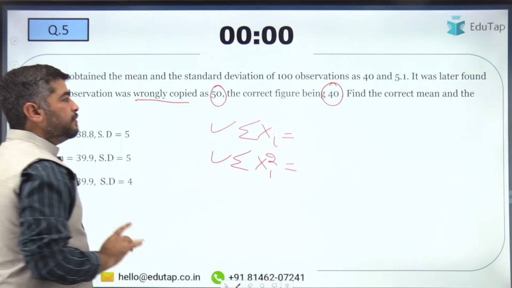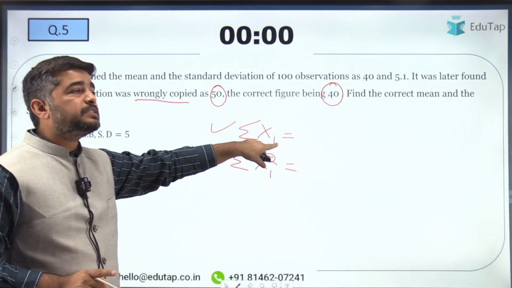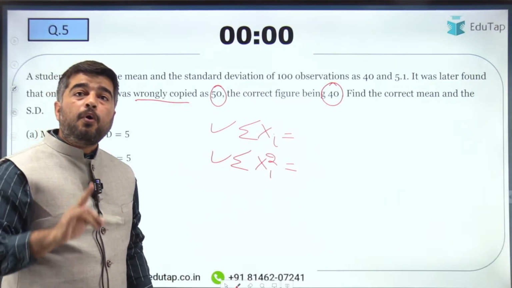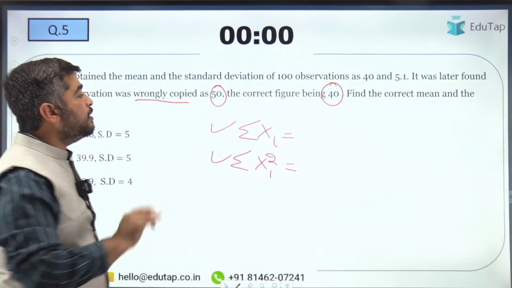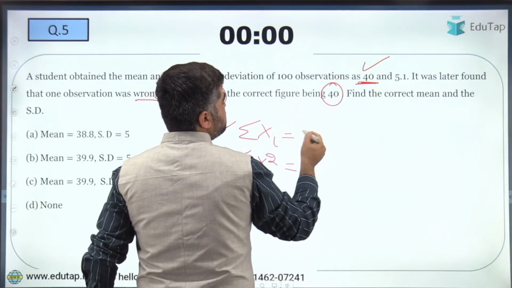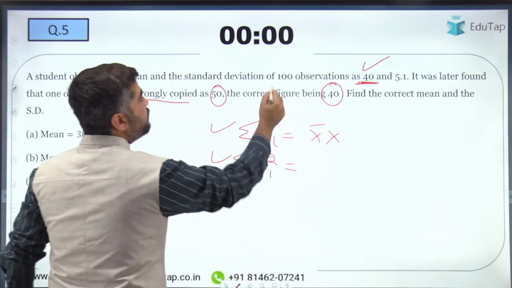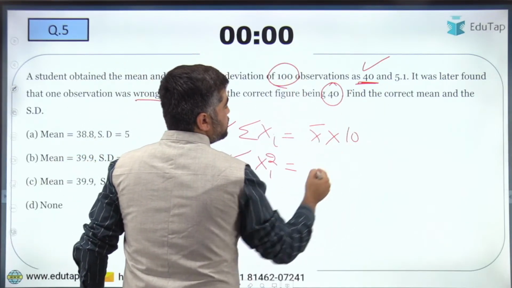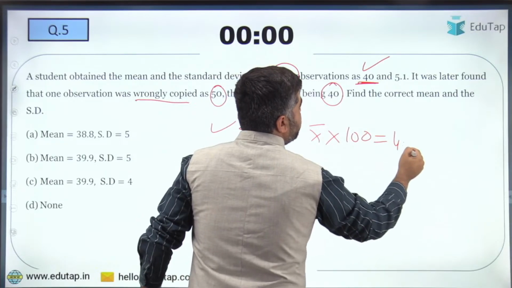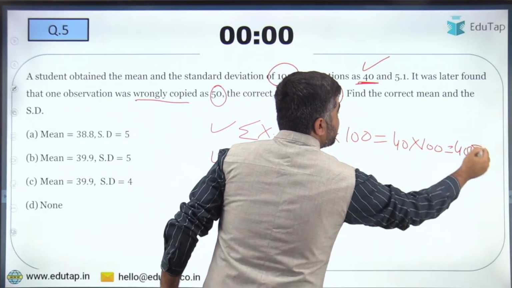Sigma xi is the summation of xi, the total of all the values. If you are given the mean x bar, it is the mean into the number of observations. The number of observations is 100, so this will be 40 into 100, which is 4000.